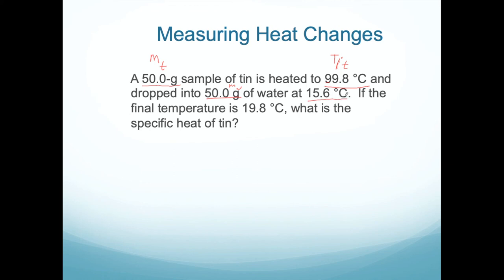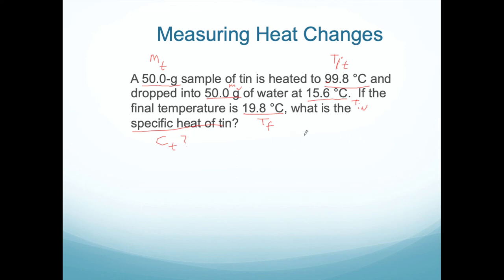And the water was initially at 15.6 degrees Celsius, so again, that's the initial temperature of the water. And you're told that the final temperature of both is 19.8 degrees Celsius. Now you're being asked for the specific heat capacity of the tin. What is the specific heat capacity of tin?